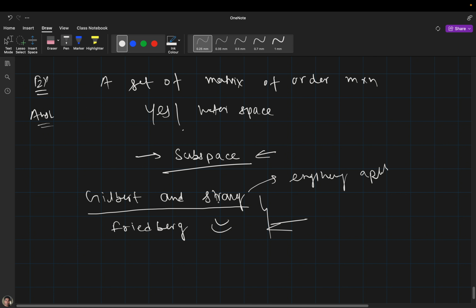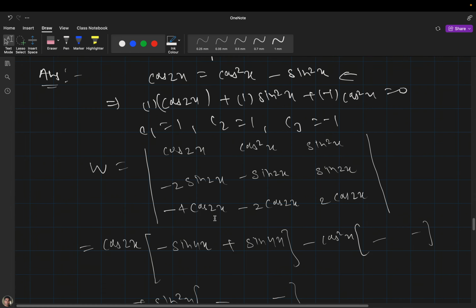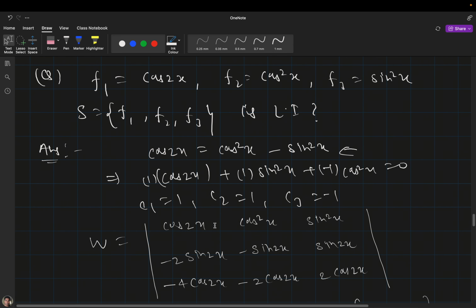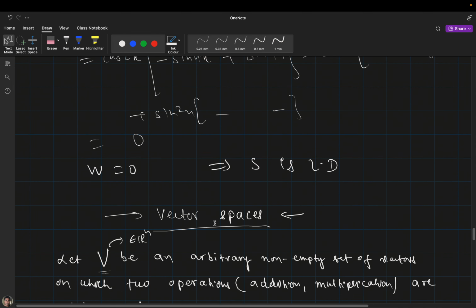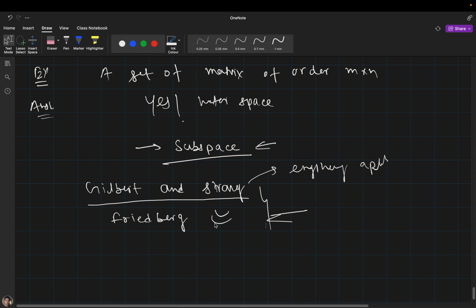The beauty of linear algebra is that you will not deal with matrices. Matrix is a part of that, matrix is another space. What I talked about with the Wronskian, I am talking about functions. Where is the matrix? There is no such matrix. So when you go into more mathematics, the matrix will go. You will not talk about matrices.